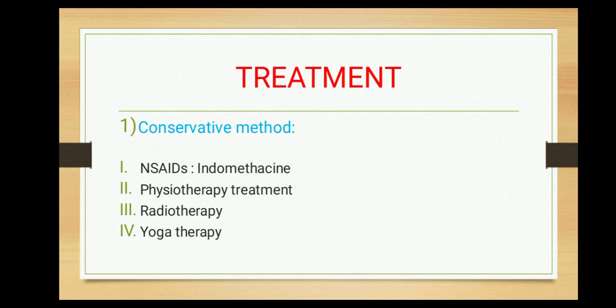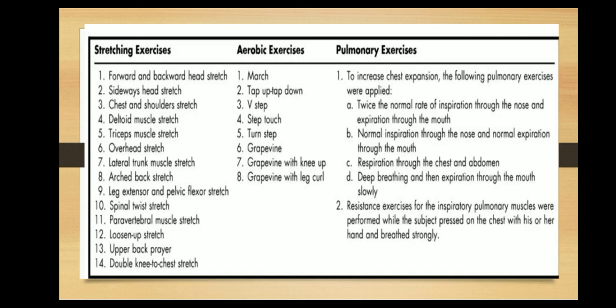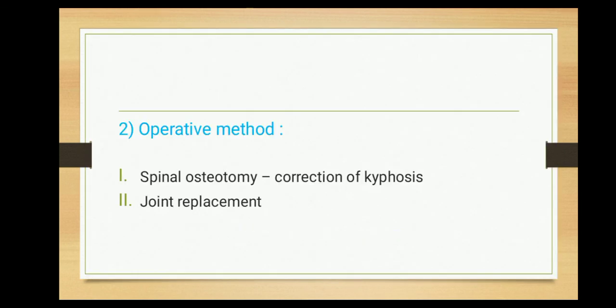Radiotherapy and yoga therapy also work in patients of ankylosing spondylitis. In physiotherapy treatment, we have to do some stretching exercises, aerobic exercises and pulmonary exercises, as shown in this chart. Then the last is the operative method.